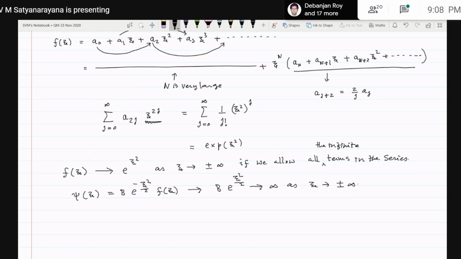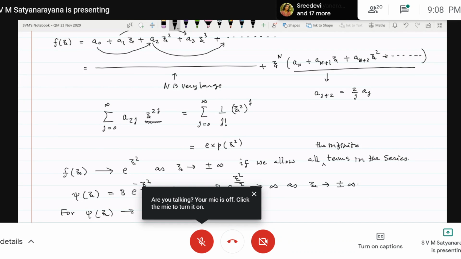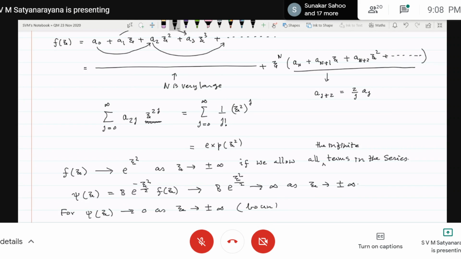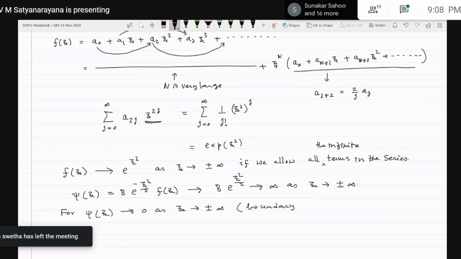That means if you allow this f of xi to go to e to the xi square, then your wave function does not satisfy the given boundary condition: psi of xi goes to 0 as xi goes to plus minus infinity. This is our boundary condition.